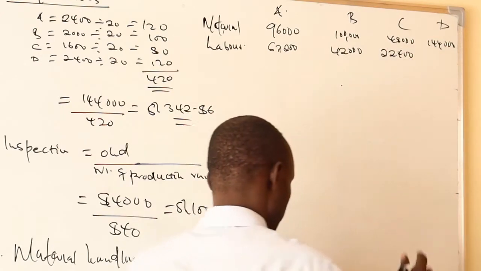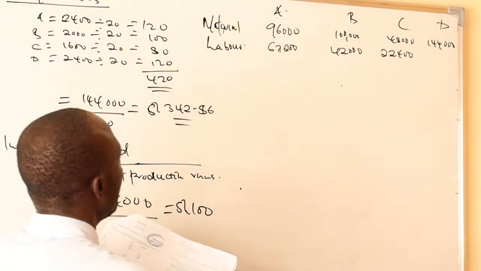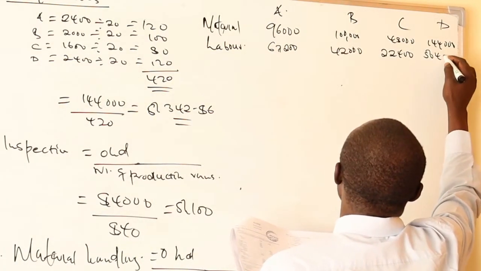And for product D, it was 2,400 multiplied by 21, which we had already done, so it was 5,400.